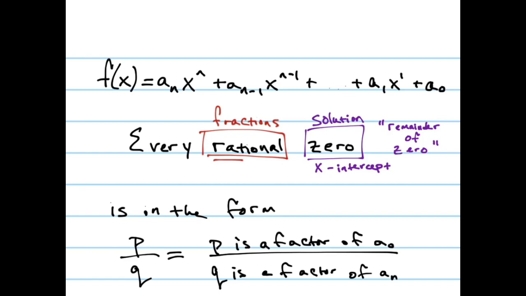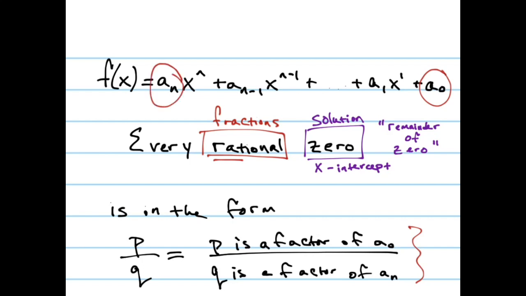Now, that seems pretty cumbersome to remember. So the key part that you're looking at is this right down here. Factors of a sub 0 and a sub n. And those tie all the way back to the polynomial. A sub 0 is the constant term at the end. A sub n is the lead coefficient.